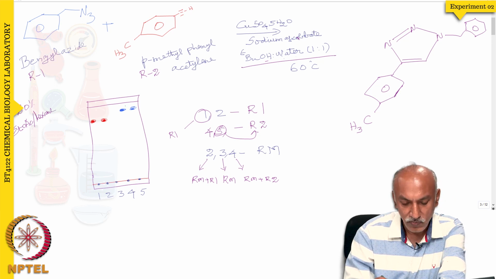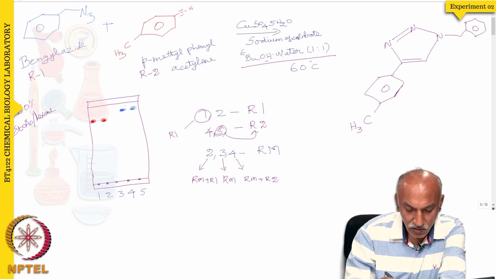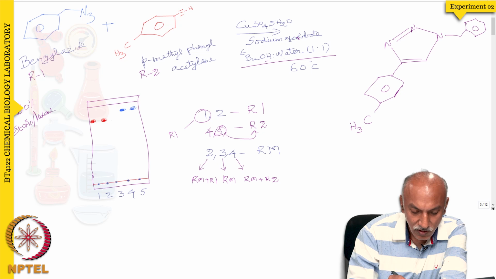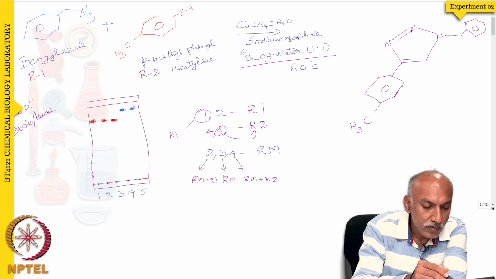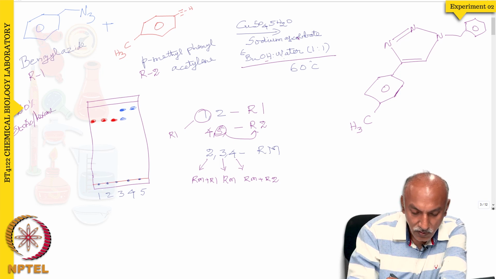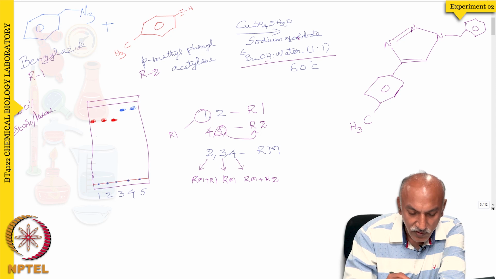In the reaction mixture, if the reaction is incomplete, you will see the spot for the benzyl azide, and also you will see the spot for the phenylacetylene.